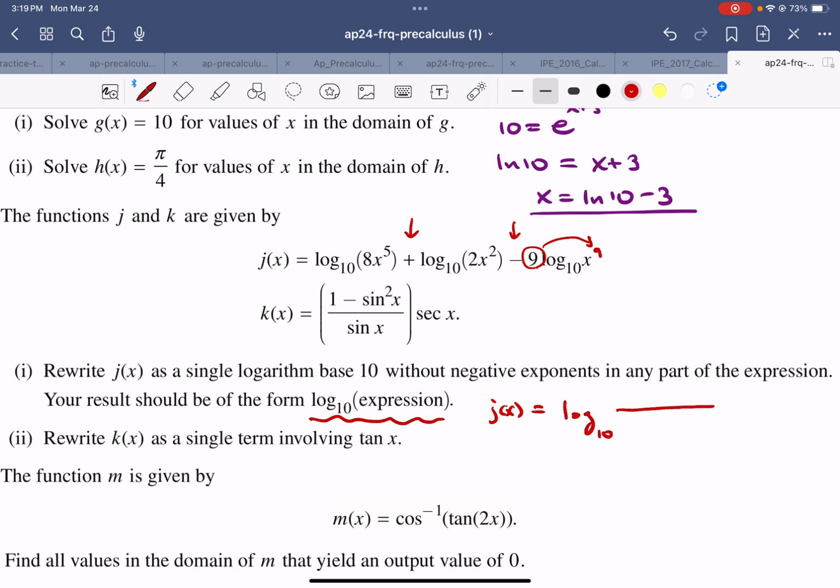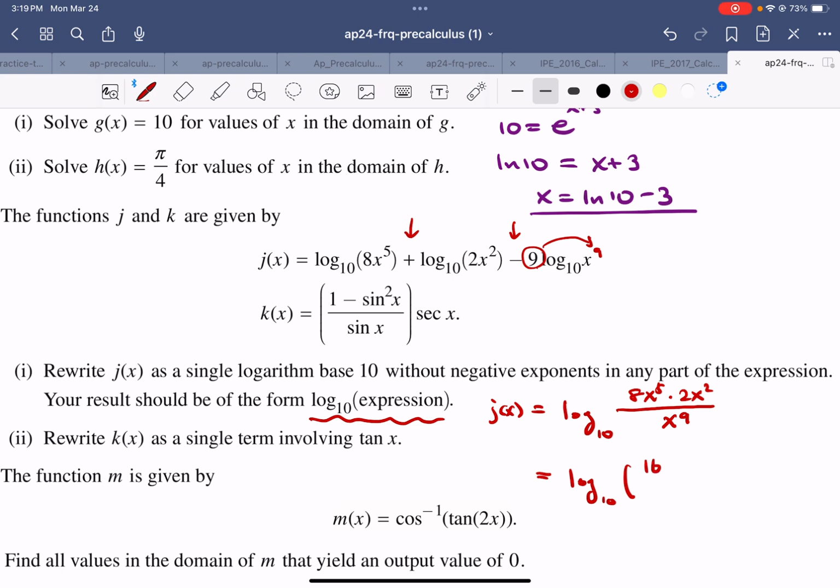So let's make a big fraction. 8x to the 5th power times, because addition, 2x squared. And then the denominator should be x to the 9. Okay. So I have one single logarithm, base 10. That's the direction here. So log base 10. And now you can simplify a little further.